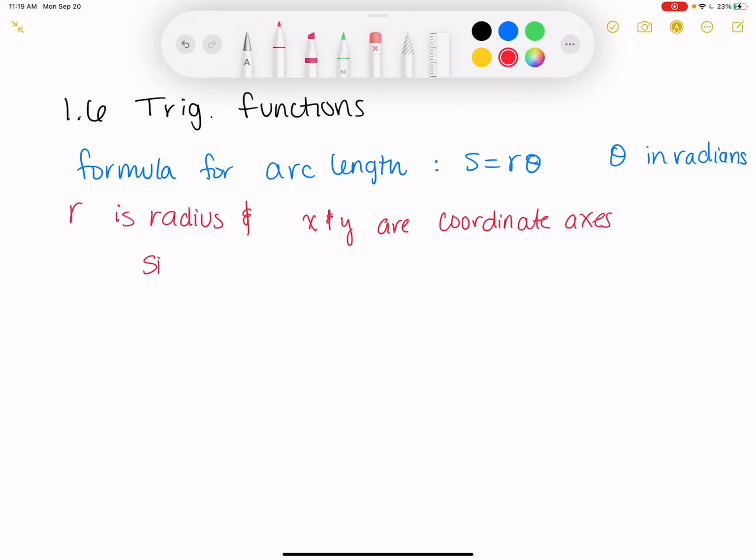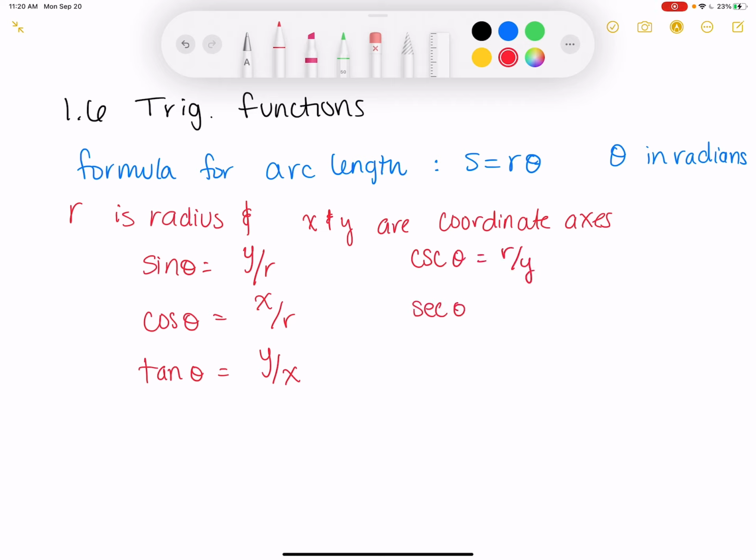So sine of theta is equal to Y over R, cosine theta is X over R, tangent of theta is equal to Y over X, cosecant of theta is equal to R over Y, secant of theta is equal to R over X, and cotangent of theta is equal to X over Y.